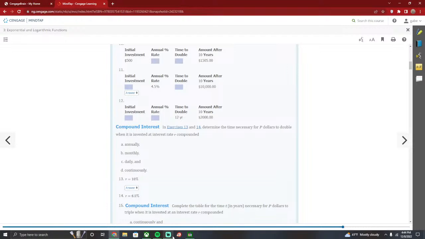What am I going to do? 2P equals P times 1 plus R over, and then annually it's just going to be 1, so that's just 1 plus R. And then R is 10%, so it's going to be 1 plus 0.10, let's just call that 0.1, times T power. What? Oh, so there's definitely a time.